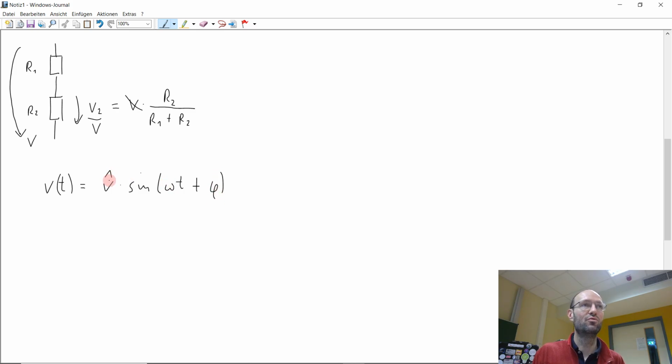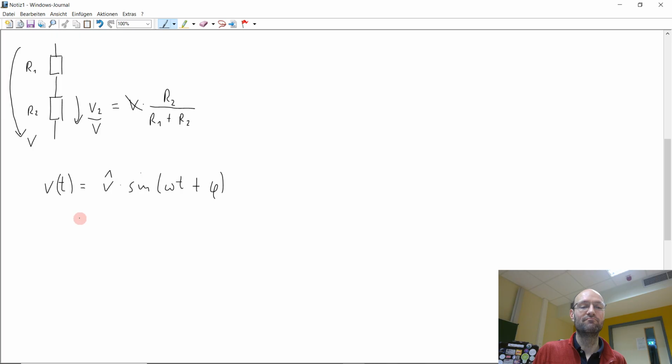So this is the amplitude, this is what scaled our time domain function in this direction. How was this called? The angular frequency, and the phase angle, some phase shift.